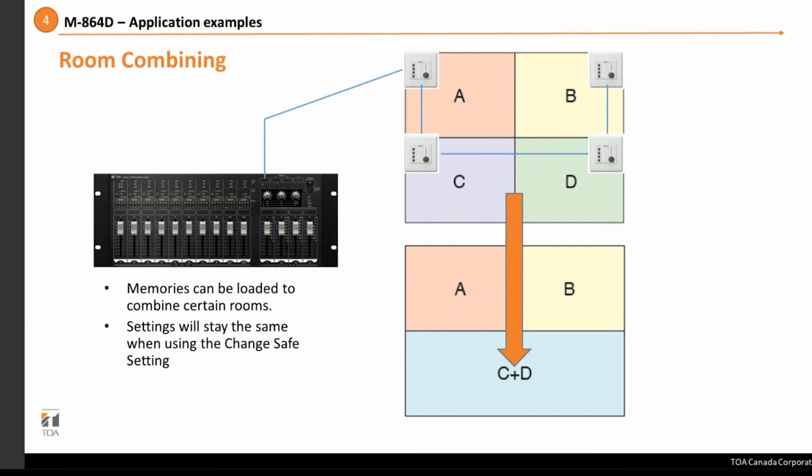You could have also a different setup for 2, 3 rooms different. You could also have another setup that would call up 2 larger rooms or just 1 big room. So easy to do with that. There's plenty of memories available to us to create any kind of scenes for this type of utilization.